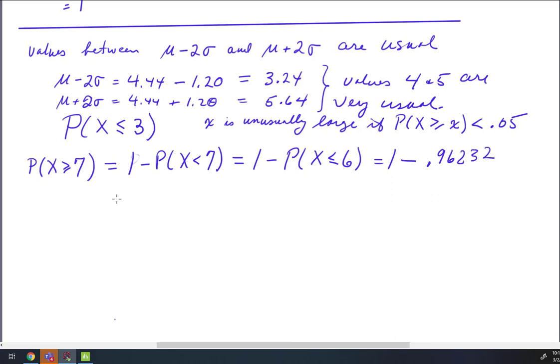So 1 minus 0.96232 is 0.03768. Minitab gave me more decimals than what I'm used to working with. This is less than 0.05, and therefore 7 is unusually large.